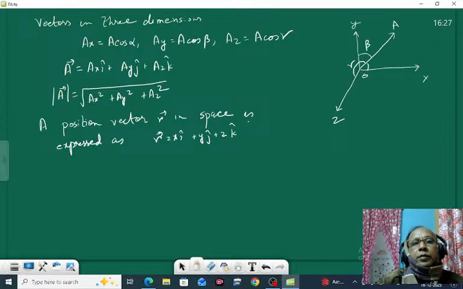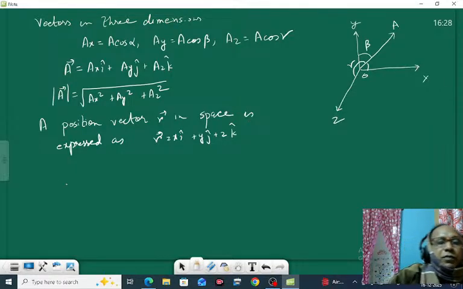Right? In this way you can find these values. So in this way you can find different vectors in 3 dimensions. Right?